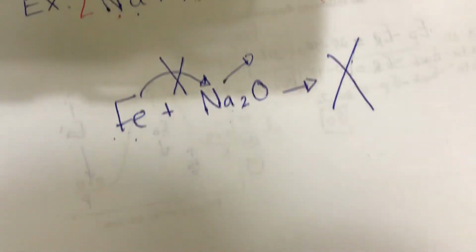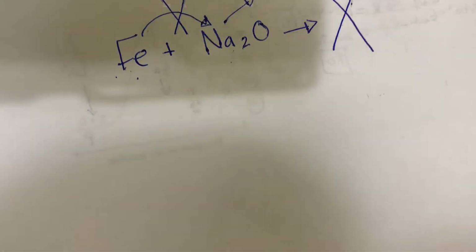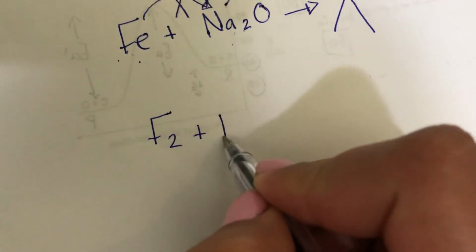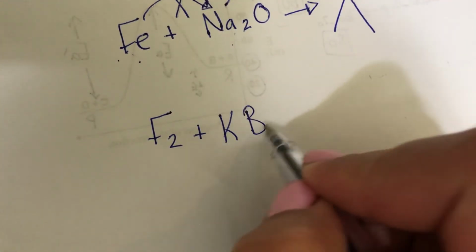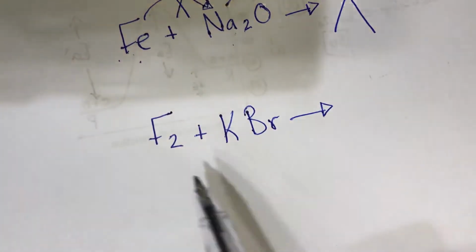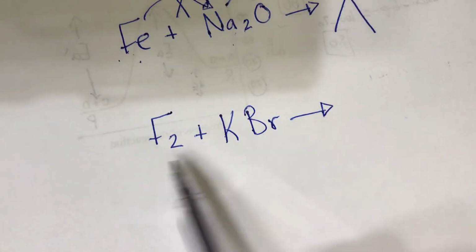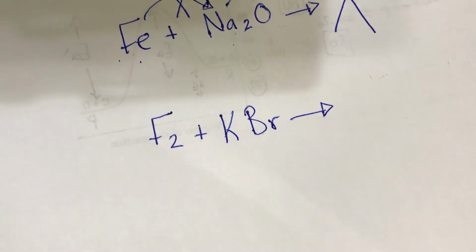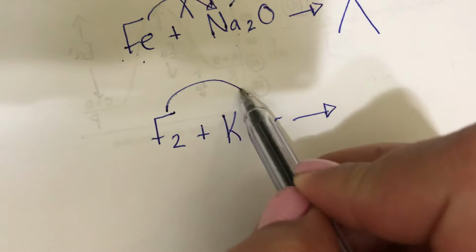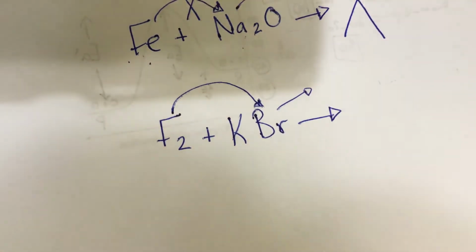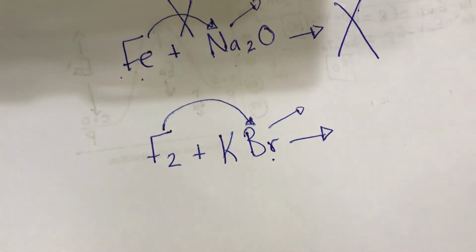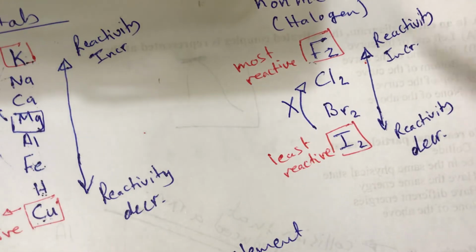Another example, for halogens. Fluorine plus potassium bromide. It's a single displacement reaction, element plus compound. Here fluorine is a nonmetal and bromine is a nonmetal. So fluorine replaces bromine, but is fluorine more reactive than bromine? You have to use the reactivity series.